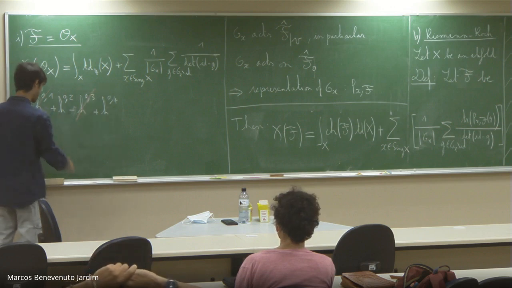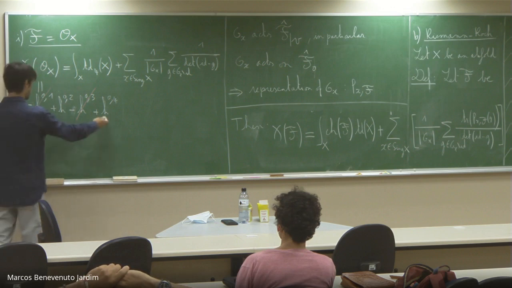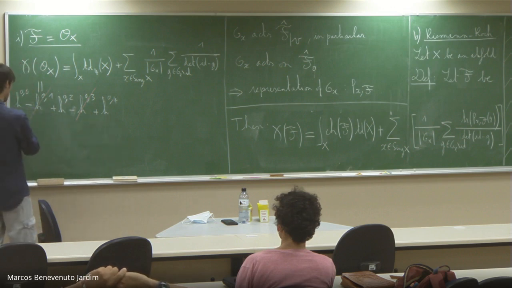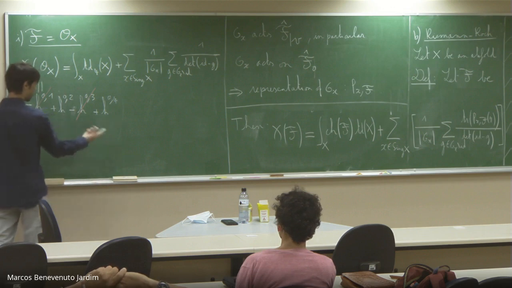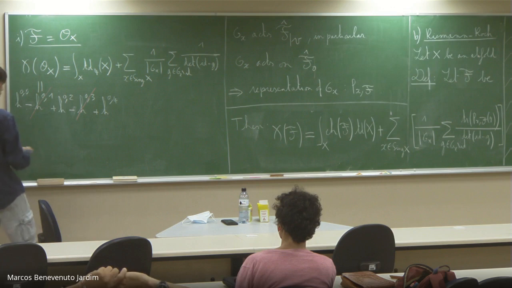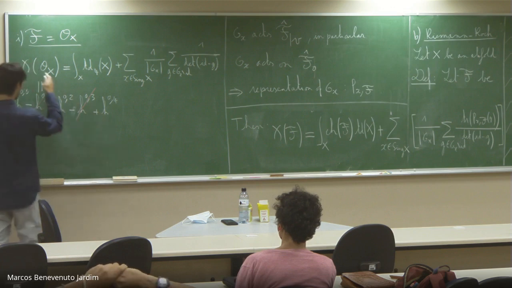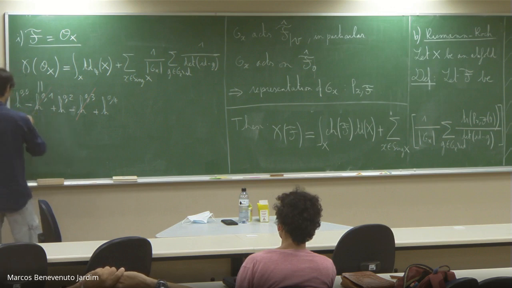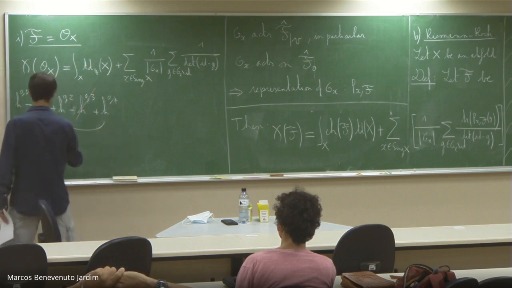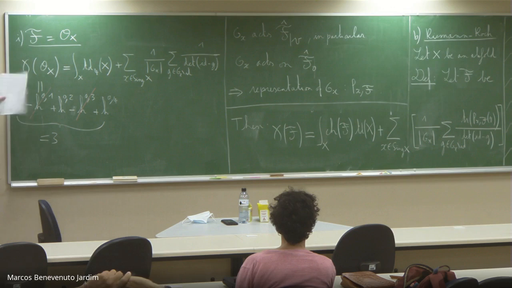This will be 0. And we have this is 1, and we have only one holomorphic 2-form, so this is 1, and this is just also the product of the holomorphic 2-form by itself, so this will be 3. Okay, so this gives us our first equation.